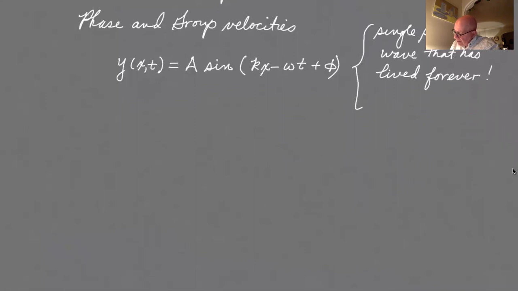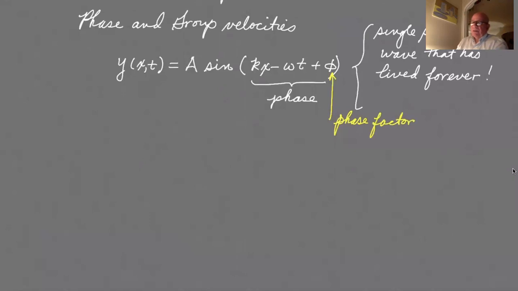This whole argument here is sometimes called the phase. This factor here is called the phase factor. The phase factor just allows you to change the initial time that you begin to watch this wave evolve, your starting point when you start observing it.